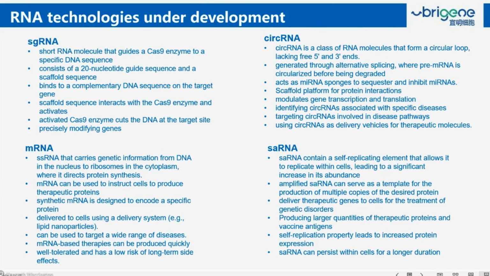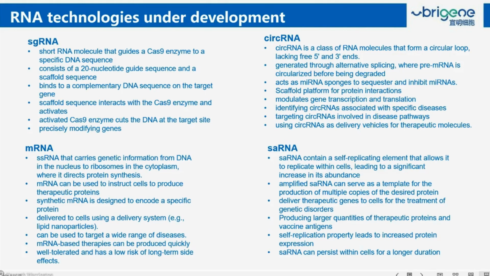They also act as a scaffold platform for protein-to-protein interactions. They can modulate gene transcription and translation, and they've actually been identified as being associated with specific diseases, but they can also be used as a therapeutic to be delivered to treat a broad range of diseases as well.